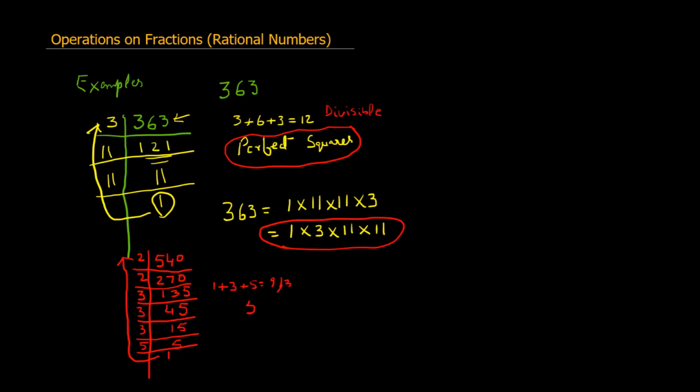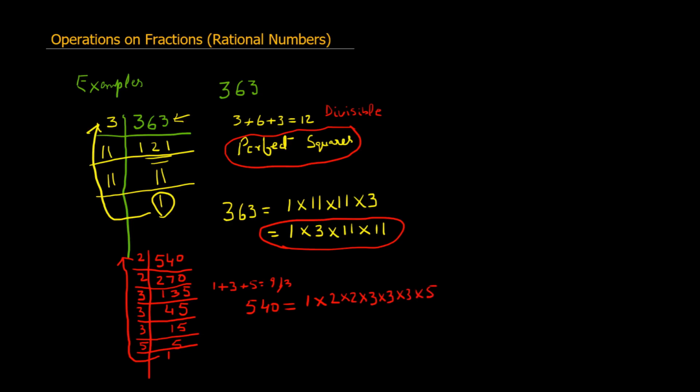So we can write 540 equals 1 multiplied by, you can skip the first step and arrange this. There are two 2s and three 3s, so I can write 1 multiplied by 2 multiplied by 2, then 3 times 3, and 5.